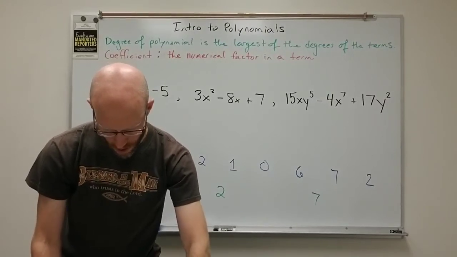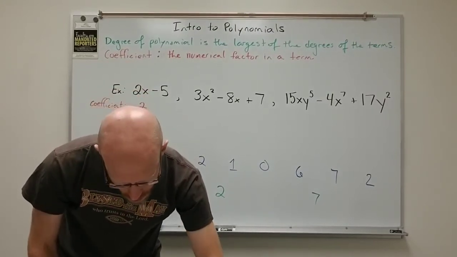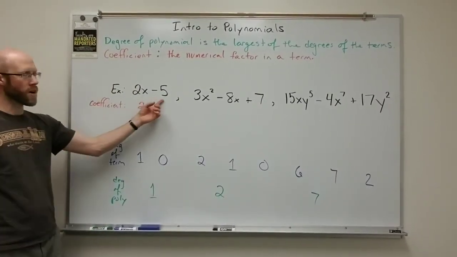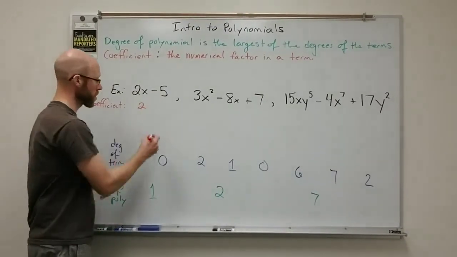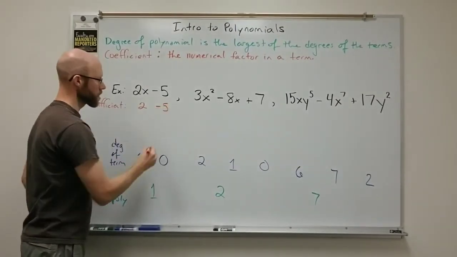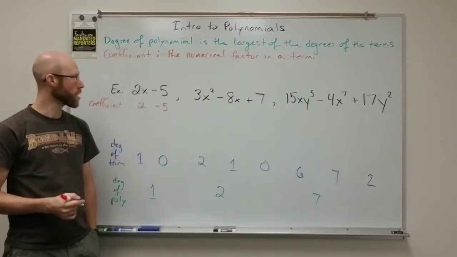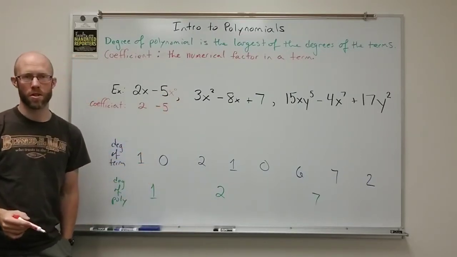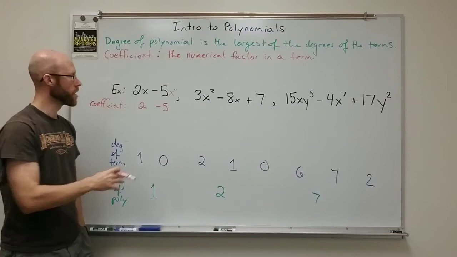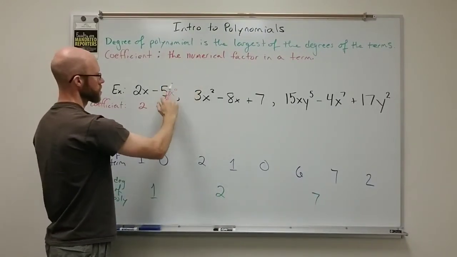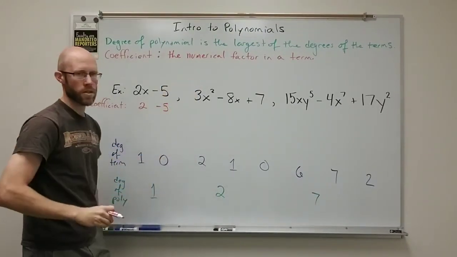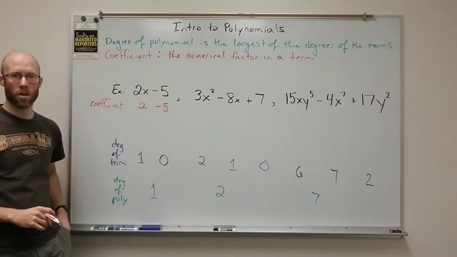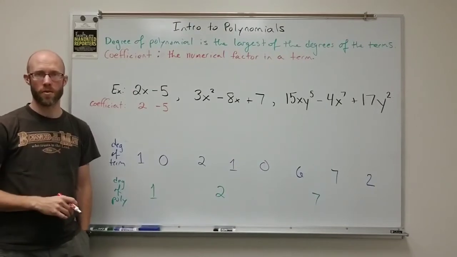Let me just double check on that. Oh, it is. Okay, we do consider it. So the negative 5 is going to be considered a coefficient according to your textbook because it technically has x to the 0 attached to it, and so it is considered a numerical factor in the term. The constants are included as coefficients according to the definition in your textbook.